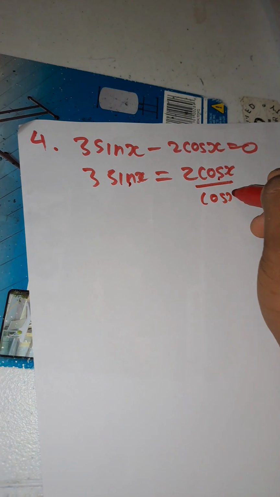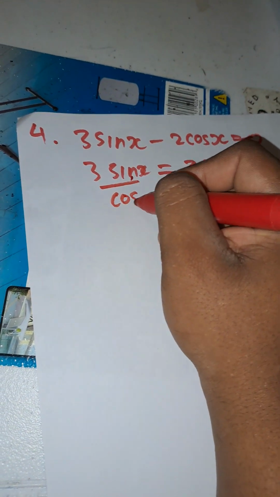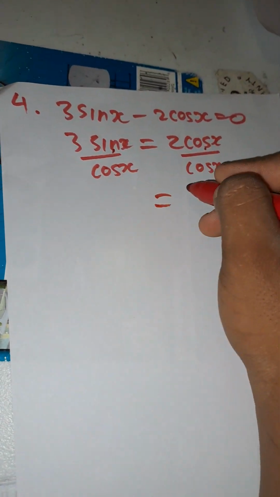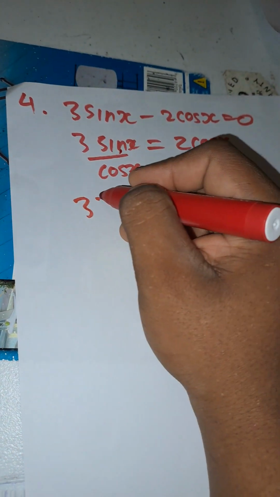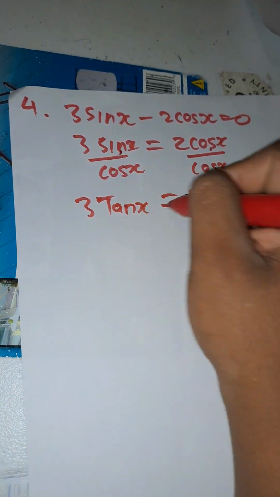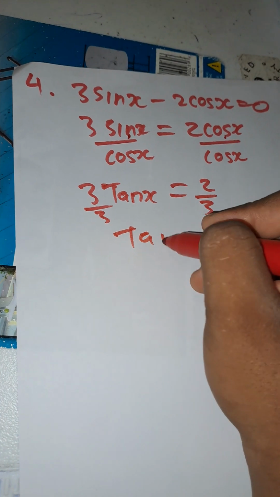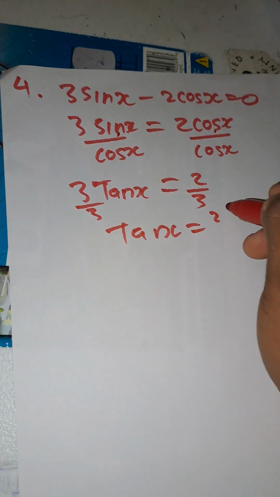What must I do? Divide both sides by cos x so that I can make it tan. You see, these things link. So it's going to be 3 tan x is equal to 2. Divide both sides by 3. Then I have my tan x as 2 over 3.